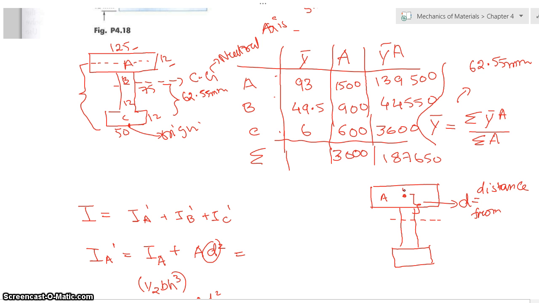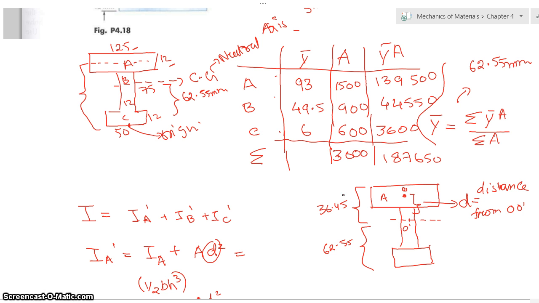And the d that we wrote over here is the distance from O to O bar. As we have said, the distance to the new center of gravity of the whole shape is 62.55 millimeter, which gives this to be 36.45.